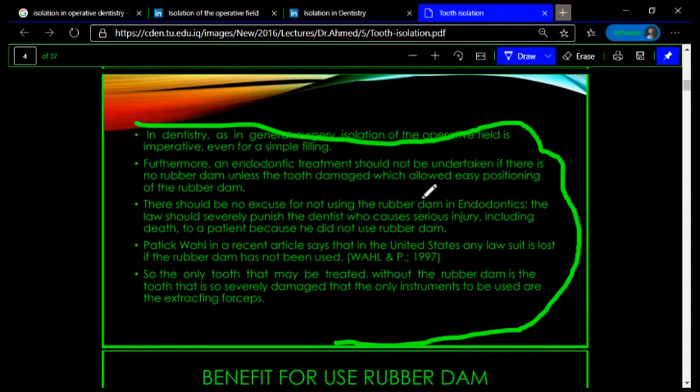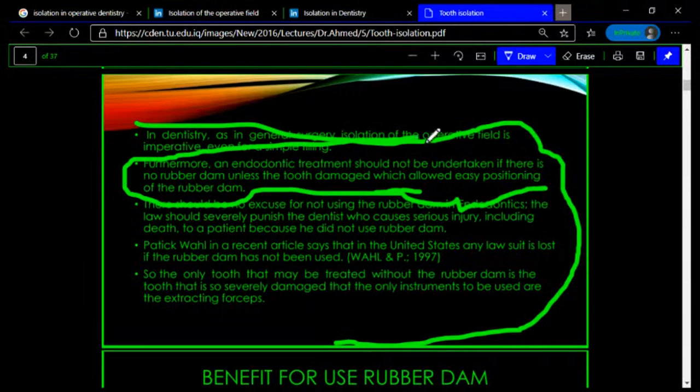Furthermore, an endodontic treatment should not be undertaken if there is no rubber dam, unless the tooth is damaged, which allows easy positioning of the rubber dam. This is a very important paragraph we can include in our research.